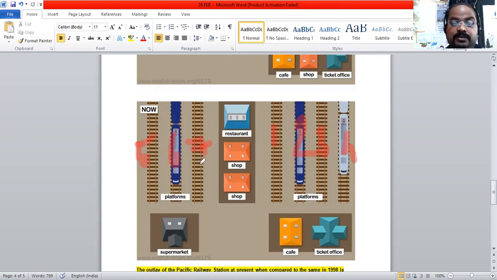So there are 3 more platforms, and they are towards the west of the existing ones. These 4 platforms and 3 platforms are separated by 3 buildings: one is a restaurant, and the others are 2 shops. These separate the new 3 and the old 4.